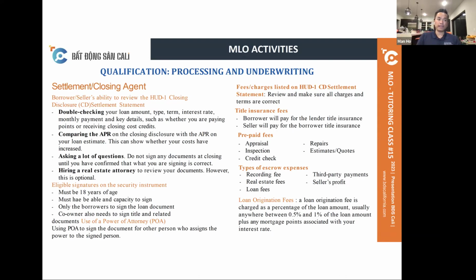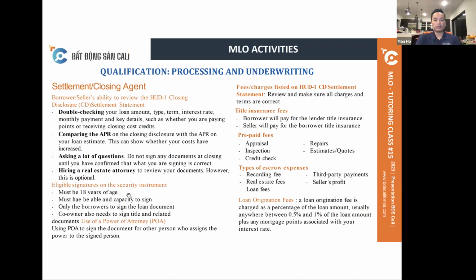Make sure there's no hidden fee that doesn't meet the tolerance. The loan officer needs to review it first before sending it out to the borrower. Ask a lot of questions about anything you don't understand. You can even hire an attorney to help you look at the CD as well.